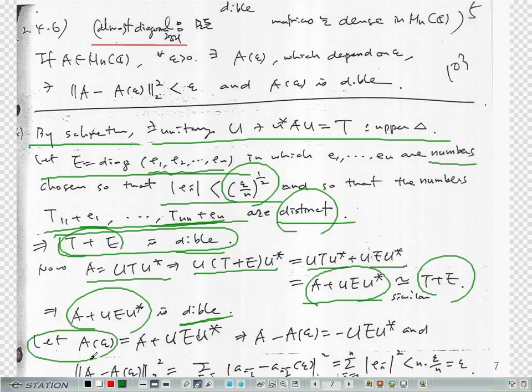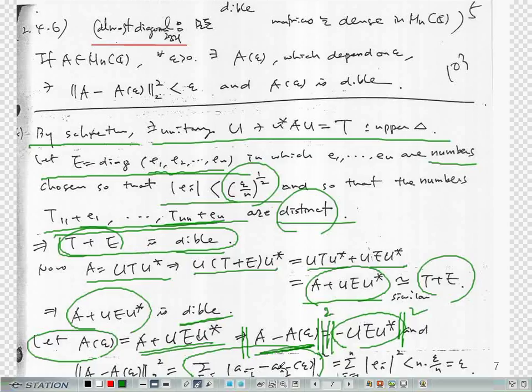Let A epsilon be this. Then A minus A epsilon is this matrix. And the square of the two norm can be computed entry-wise. Everything is the same except the diagonal entries.